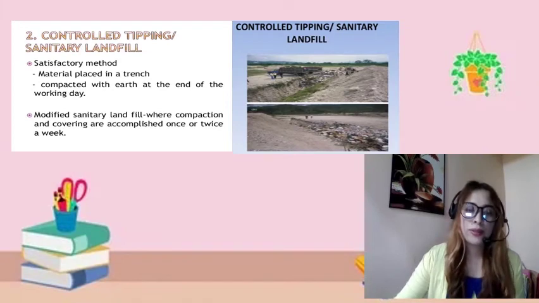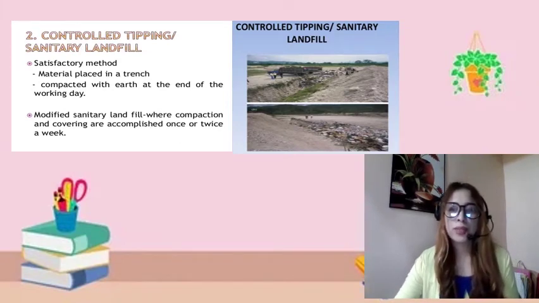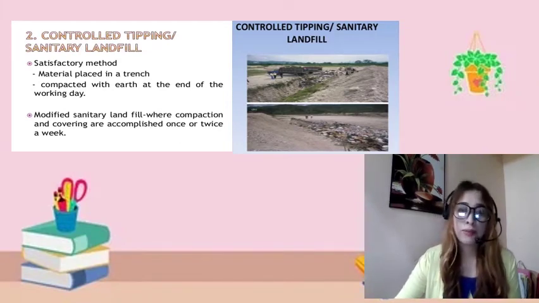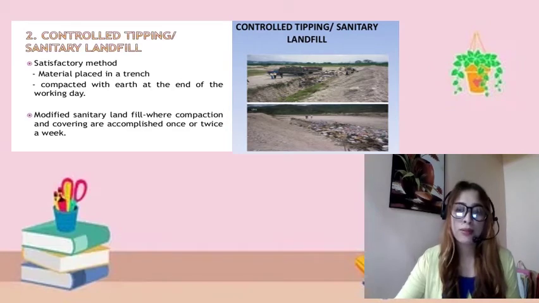Now I'm showing you a picture of controlled tipping or sanitary landfill, wherein they also have to set aside an area where they can place all the garbage of one city or one municipality. It's a satisfactory method in the sense that materials are placed in a trench and compacted with earth at the end of the working day.